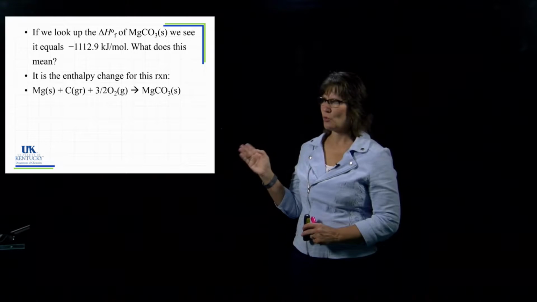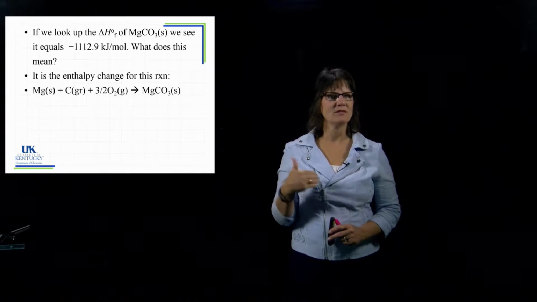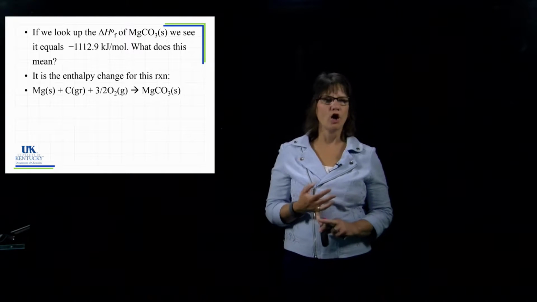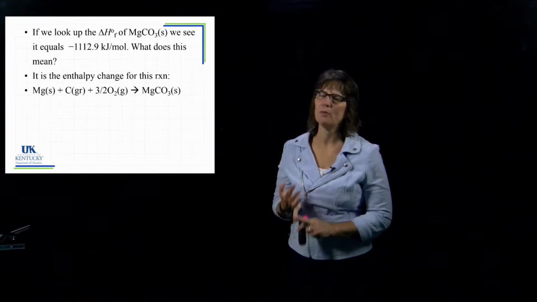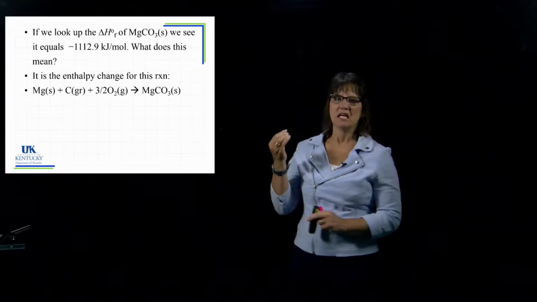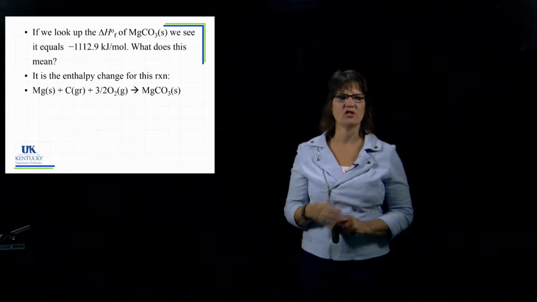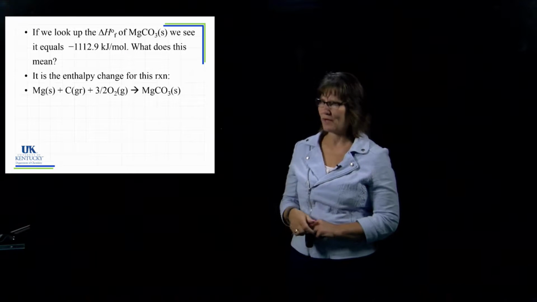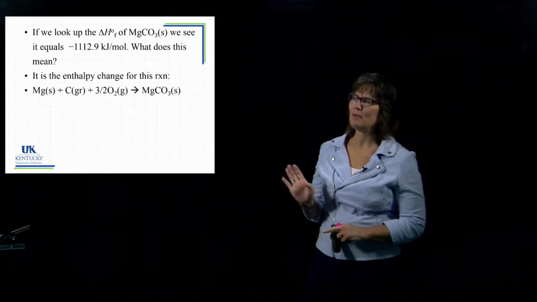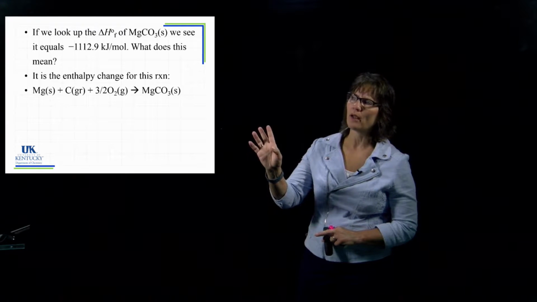See what we see there? We've got magnesium, so we write magnesium. Magnesium is a solid under standard state conditions, so we put an S after it. Carbon, the most stable form of carbon is graphite, so we put Gr after it. Oxygen, it's diatomic. Elemental oxygen is the most stable form. It's a gas, so we write that there. And then we balance it, but we have to balance it keeping 1 mole on the product side.